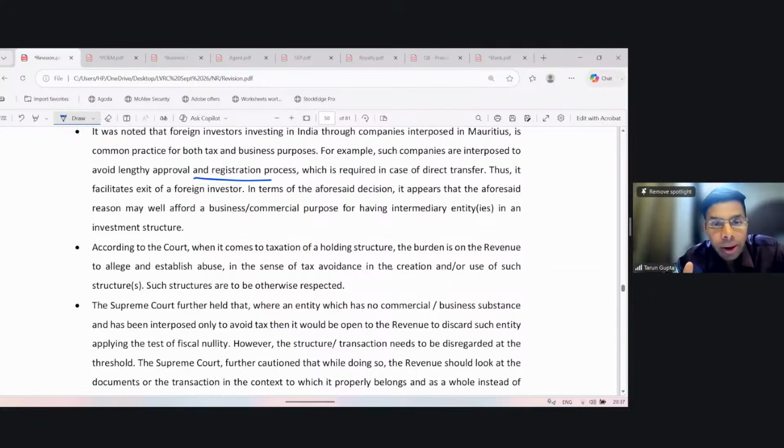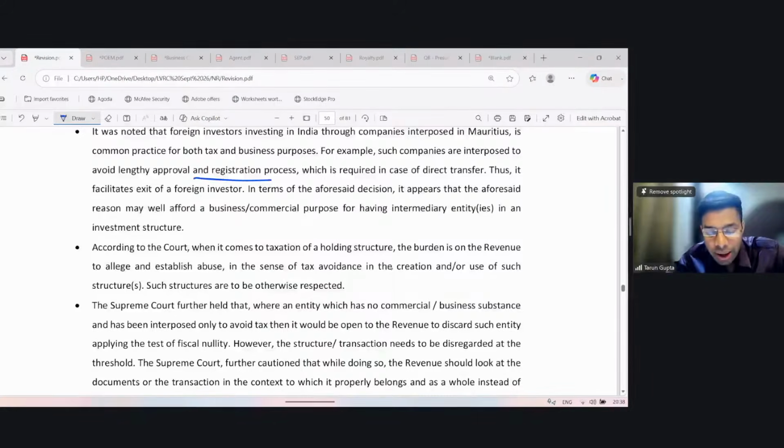According to the court, when it comes to taxation of a holding structure, the burden is on the revenue to allege and establish abuse, in the sense of tax avoidance, in the creation and or use of such structure. Such structures are to be otherwise respected. The court said, unless the revenue proves that such structures are used only to evade tax, such structures shall be respected.